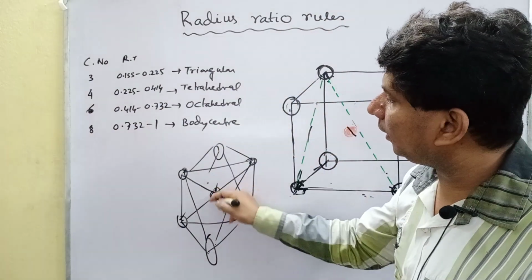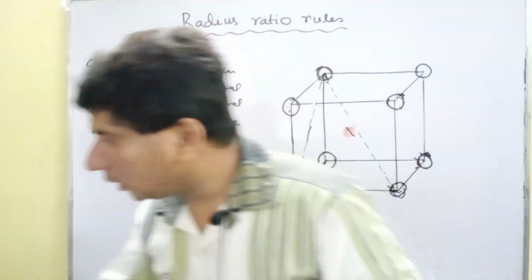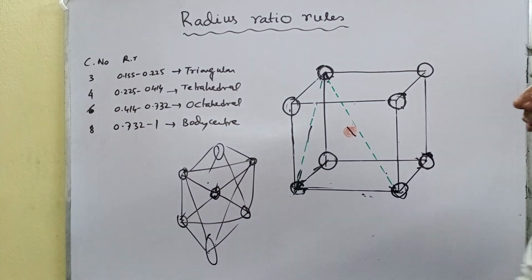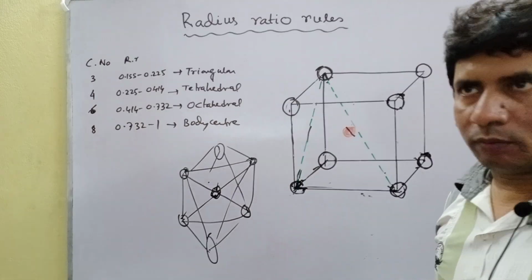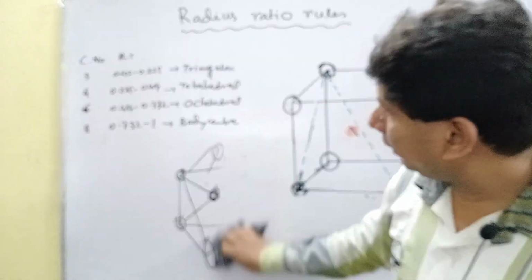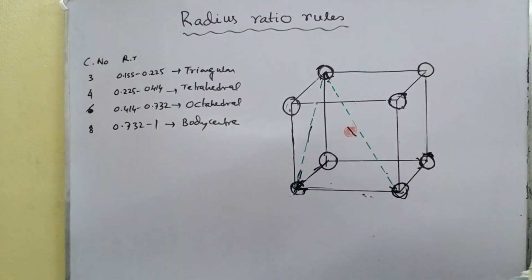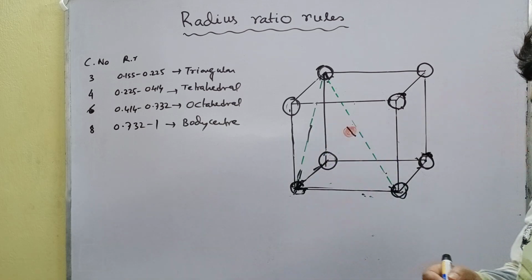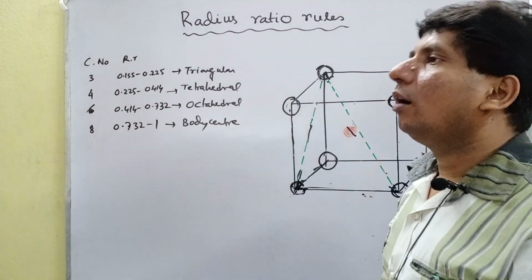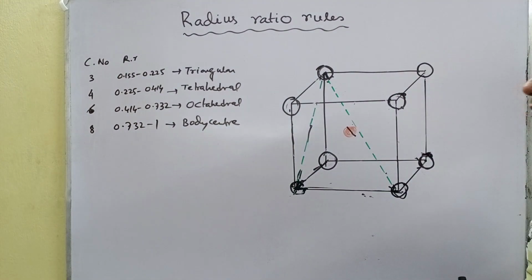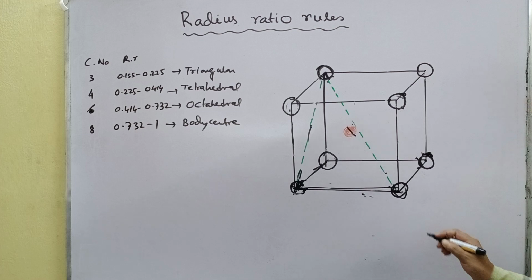So this is the octahedral void, where this is the cation and all the others are anion. Then how can we calculate the radius of cation by radius of anion, and what will be the coordination number? For octahedral, this is actually a face-centered cube also.